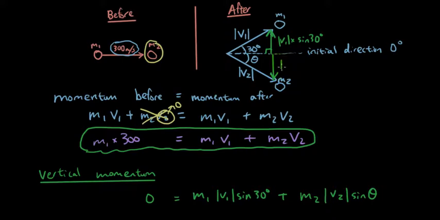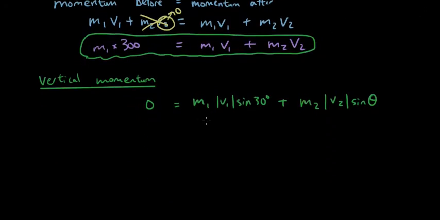But anyway, the vertical component of the speed is v2 times sine theta. Okay, so that's the equation for the vertical momentum. Now we need to look at the horizontal momentum. We're going to come back to the vertical momentum equation in a second.